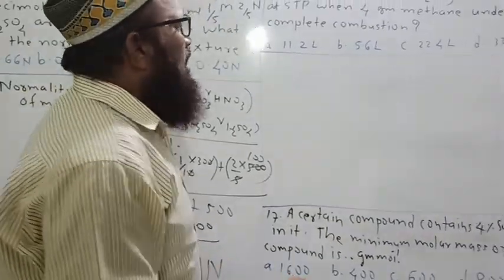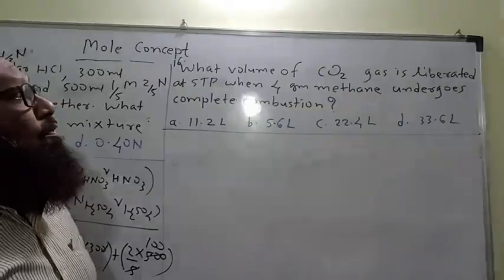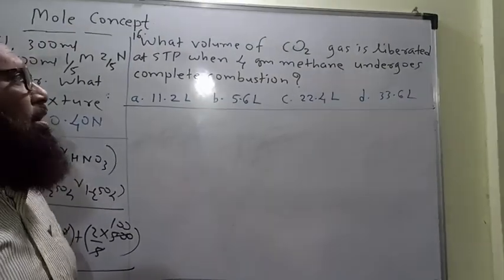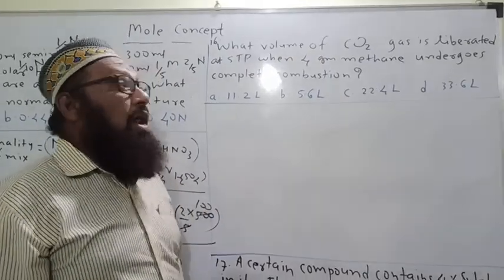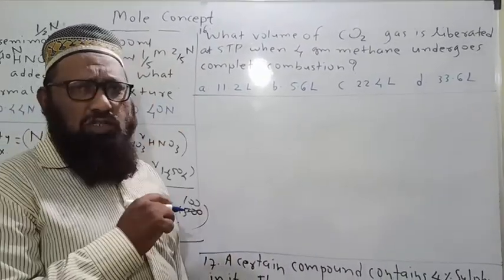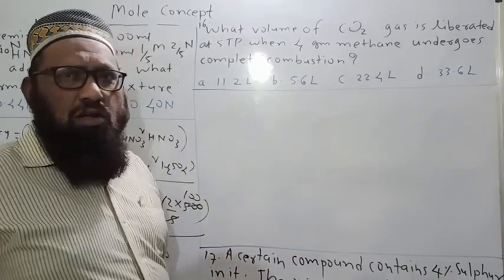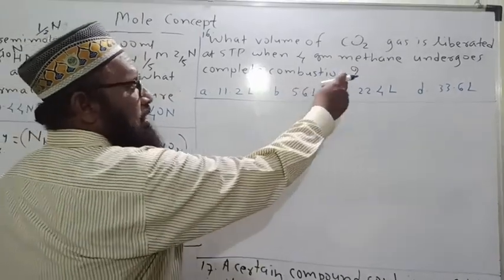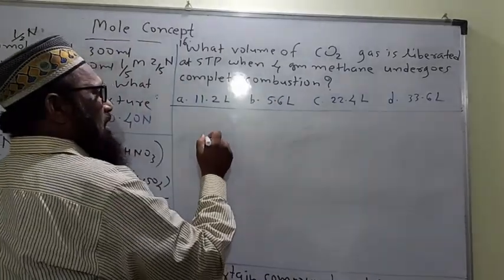Question number 16. What volume of carbon dioxide gas is liberated at STP when 4 gram methane undergoes complete combustion? These are the options. See, for this we have to write the balanced equation. Let us see here combustion of methane.